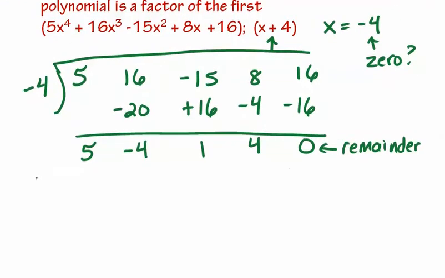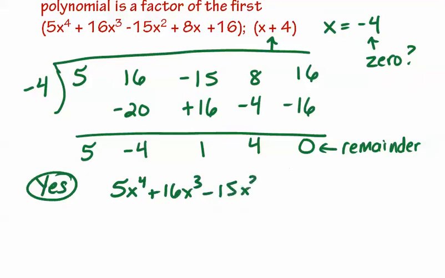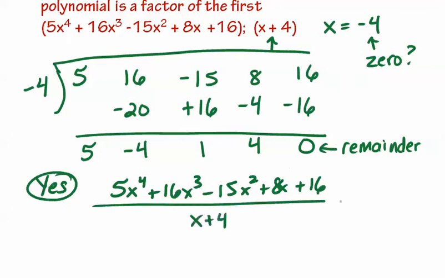So we could finish the problem as easily as that, or we could be more specific and show that when we divide the original polynomial by x plus 4, we can see what our result is. And that's the important idea here, that we got 0 as a remainder.